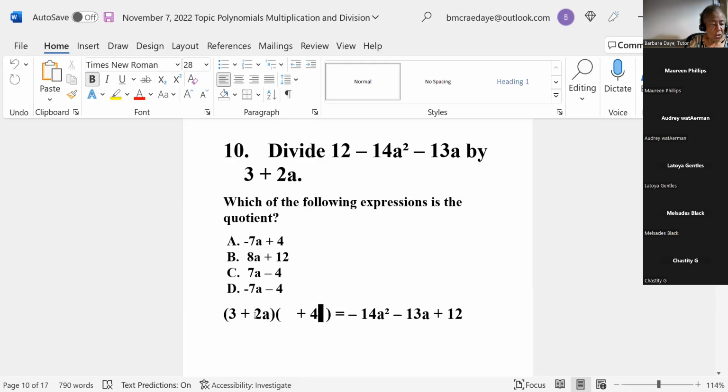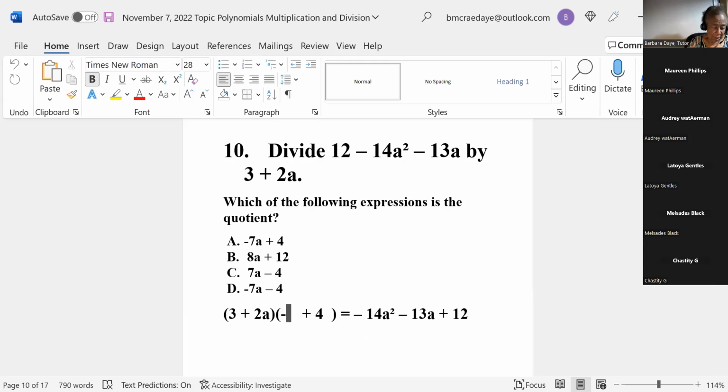So Mercedes, what do you multiply by 2a to get minus 14a squared? 7. Plus or minus? Minus. Minus what? 7. But I have an a here and I have an a to the second. Is it 7a squared? No, not squared, Chastity, because you already have an a. So what would it be? You're close.